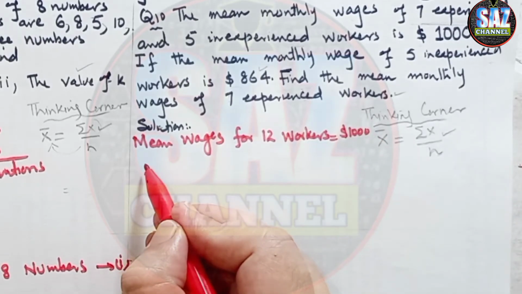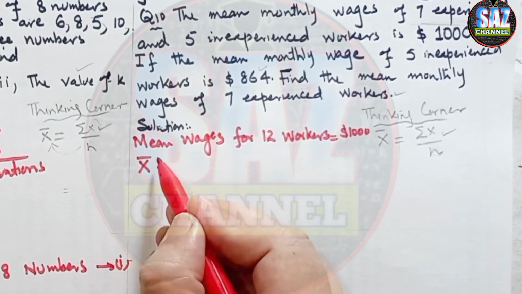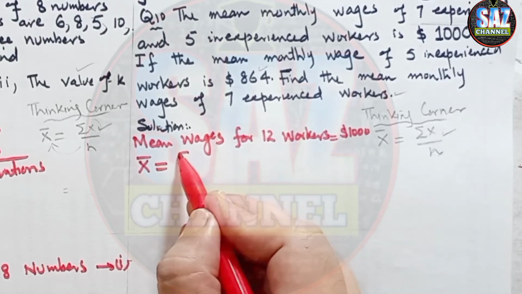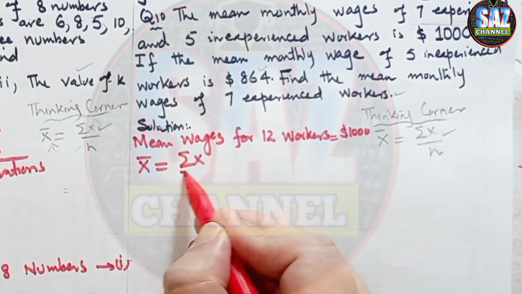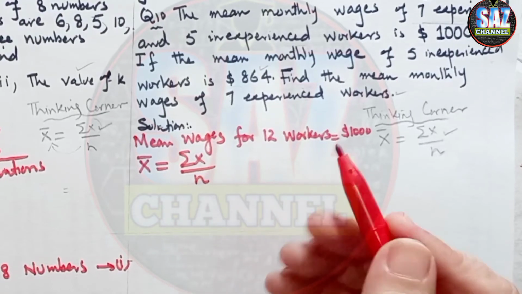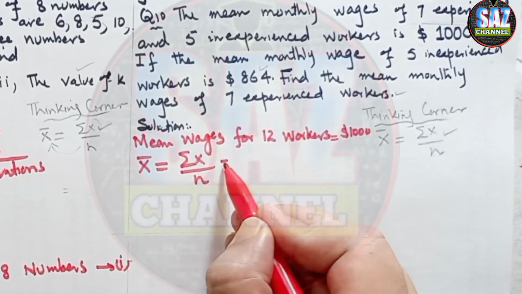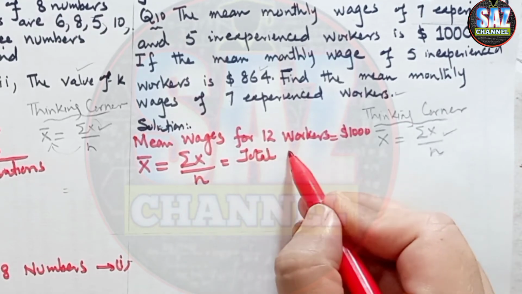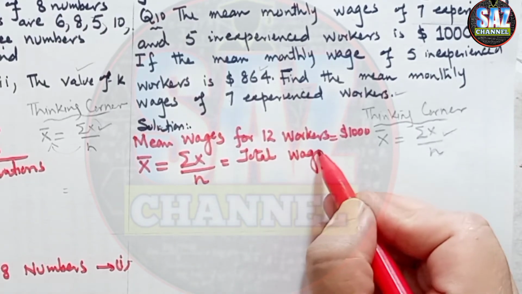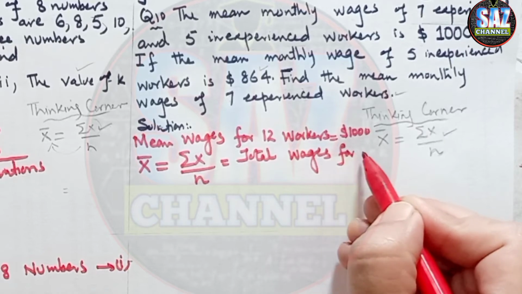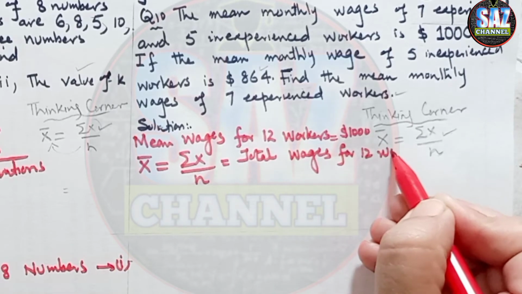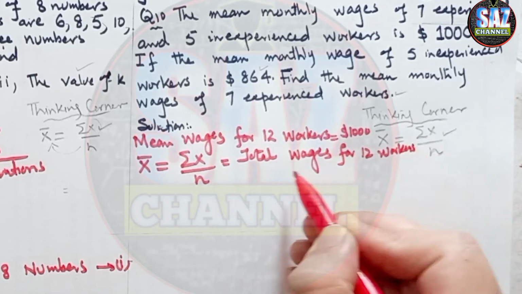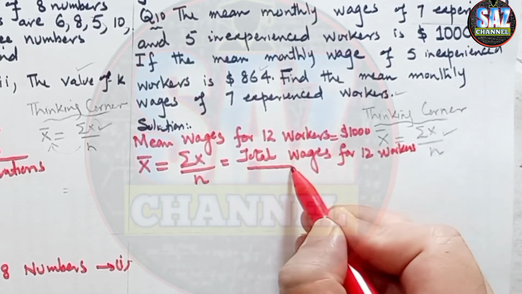Then we will apply the formula x bar equals summation of x upon number of observations, where summation of x is the total wages for 12 workers upon number of workers.